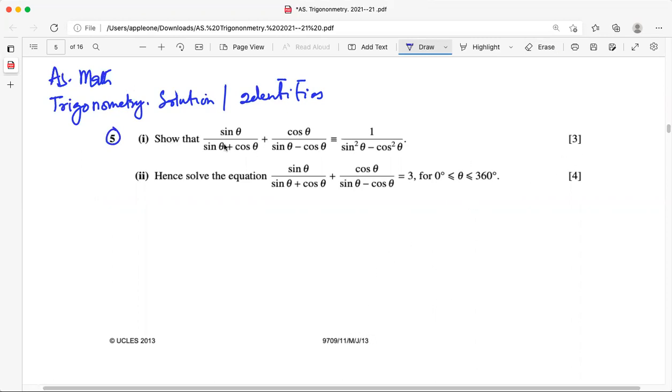Now look at the first part. The first part says, show that this left-hand side is equal to this right-hand side. Okay, fine, so let's do it.